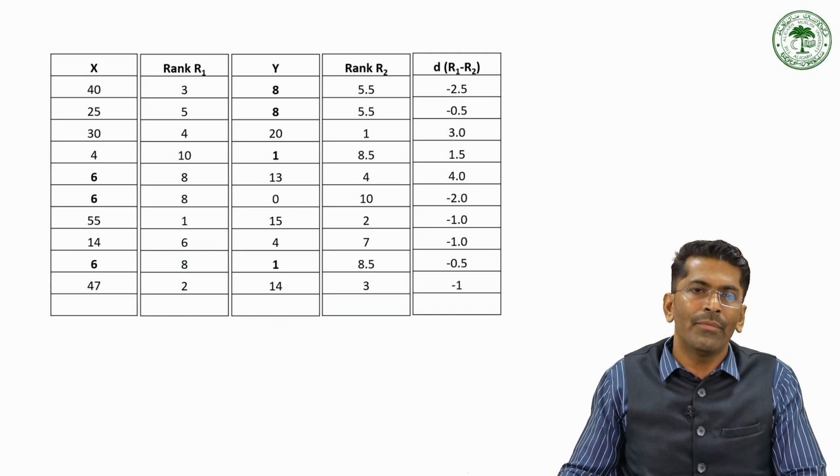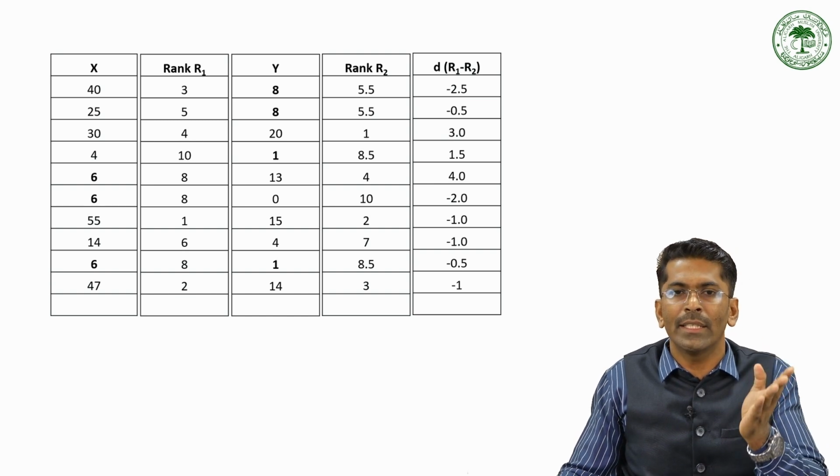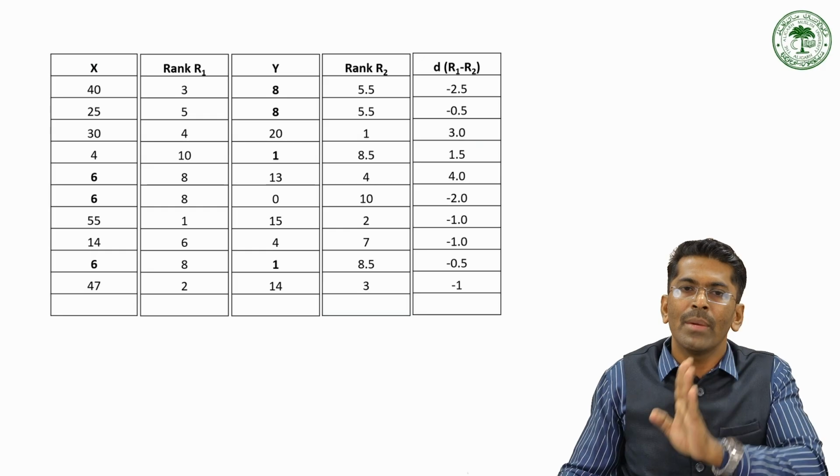You can calculate the difference between these two ranks. Minus or plus does not matter here, since we are going to square each value of the D category. Whether it is a minus or plus sign, it will become a positive value.